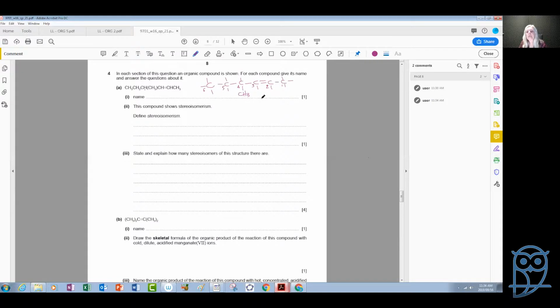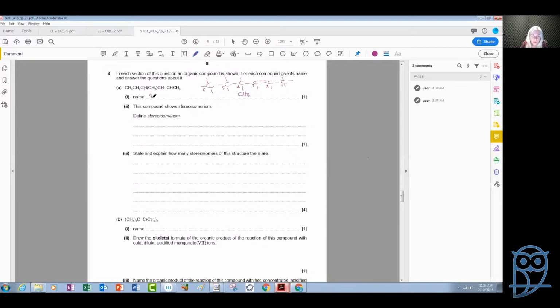This methyl, this alkyl group, is connected to carbon number 4. So we start with the name of the alkyl group first.